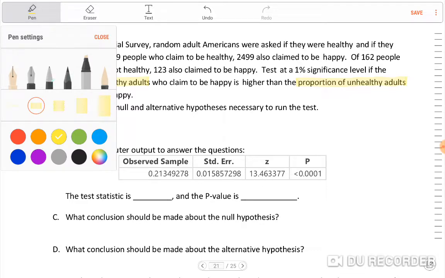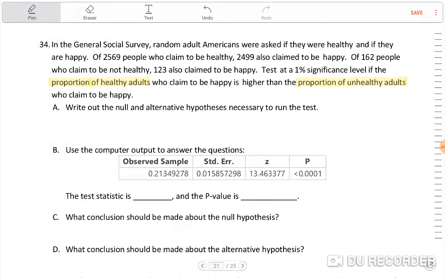So it seems that I have two different proportions here. So this is two proportions. Okay, so how can we decide the null hypothesis and alternative?